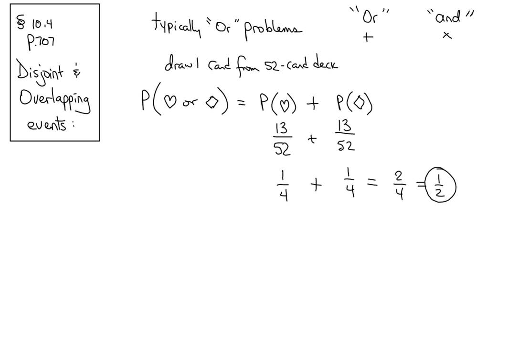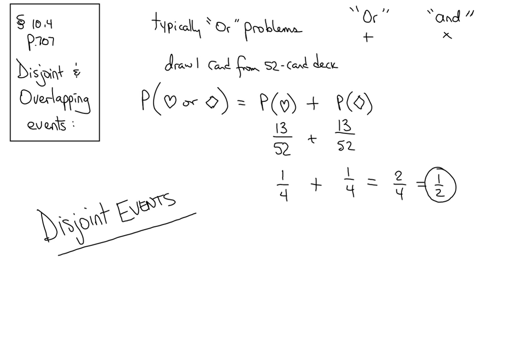These are what are called disjoint events. What makes these disjoint is this. We were looking at pulling either hearts or diamonds out of the deck.